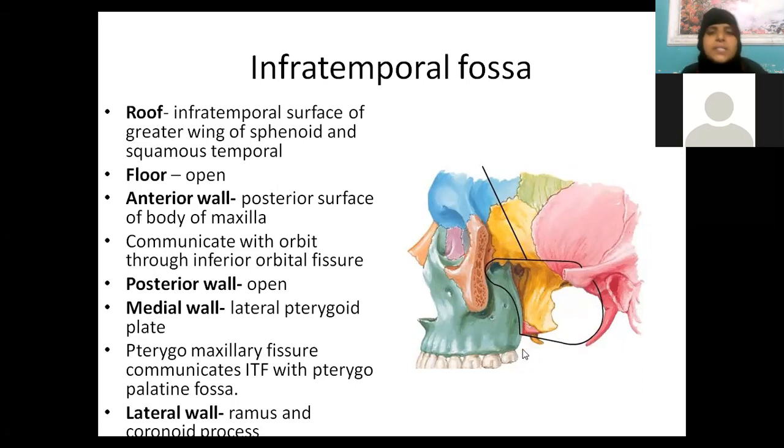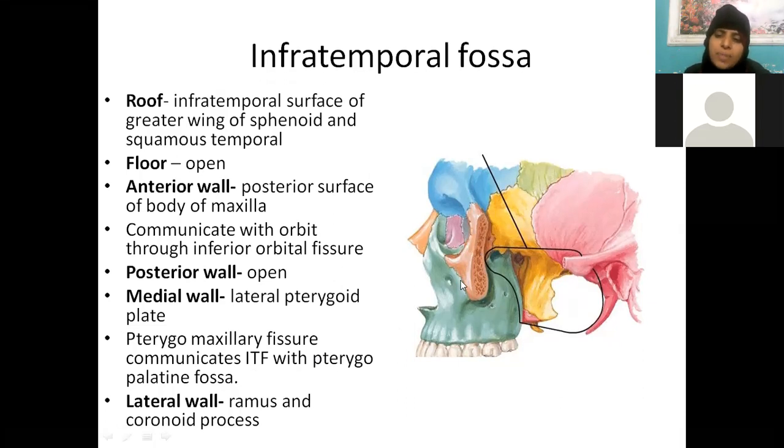So it has 6 boundaries, the infratemporal fossa. We are seeing this infratemporal fossa after breaking which bone? The zygomatic arch. You have seen the zygomatic arch is broken here, isn't it? Once you break this, you are able to see this fossa below the temporal bone. Hence, it is the infratemporal fossa.